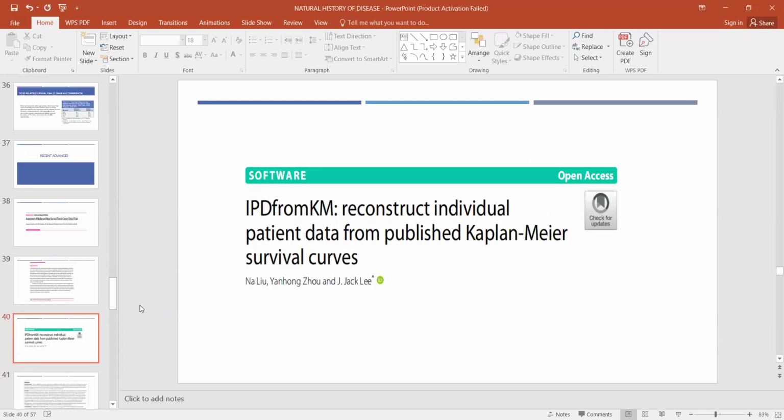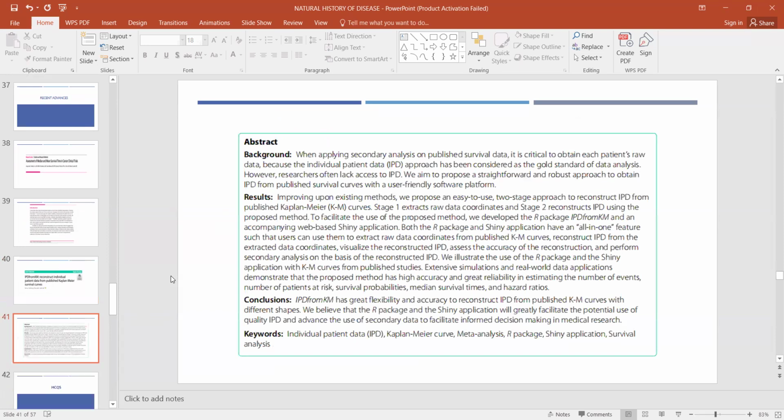This is another article: reconstructing individual patient data from published Kaplan-Meier survival curves. Background: when applying secondary analysis on published survival data, it is critical to obtain each patient's raw data, because the individual patient data approach has been considered the gold standard of data analysis. However, researchers often lack access to individual patient data.